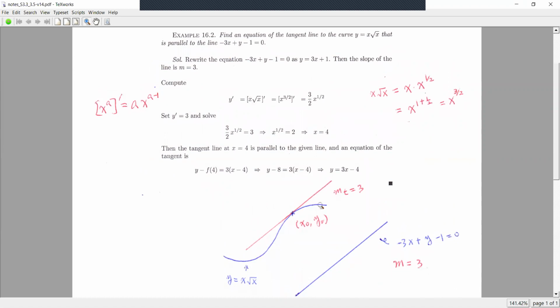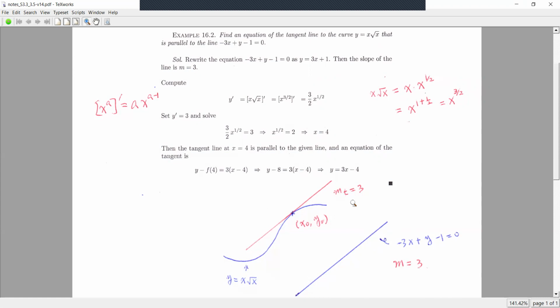On the curve, somewhere on the curve, the tangent line there is parallel to this given line. Now we need to write down the equation of this tangent line. Because the tangent line is parallel to the given line, and the given line, the slope is 3, the slope of the tangent line is 3.